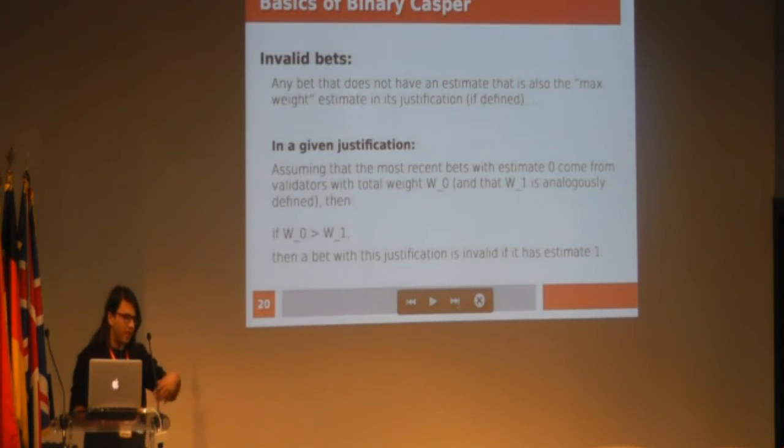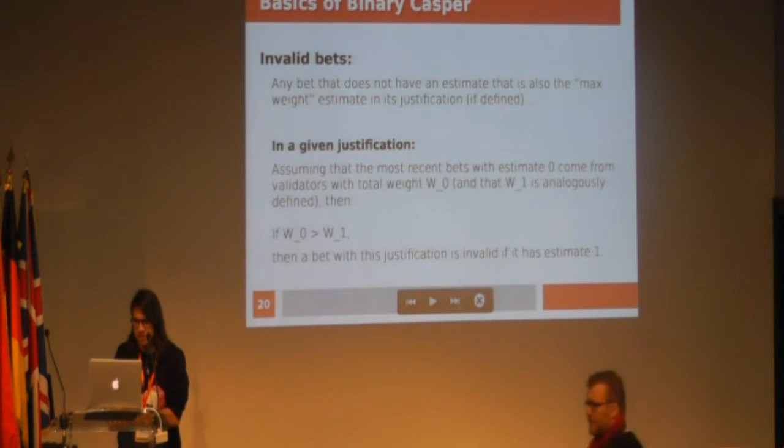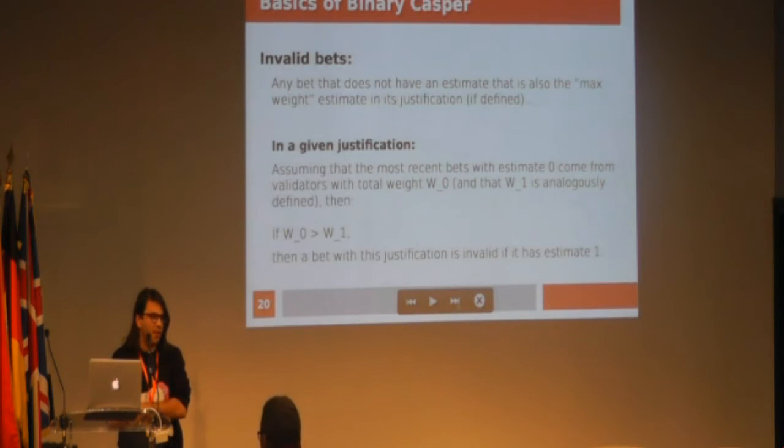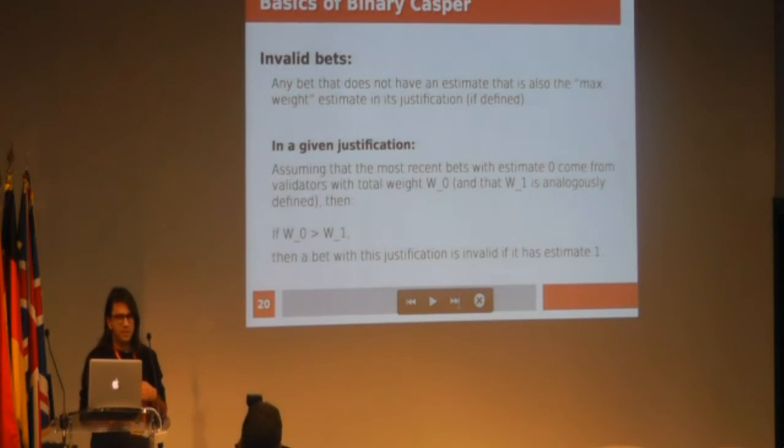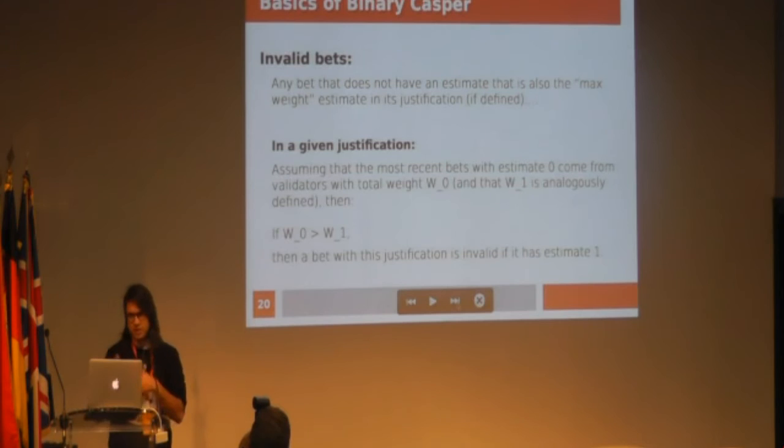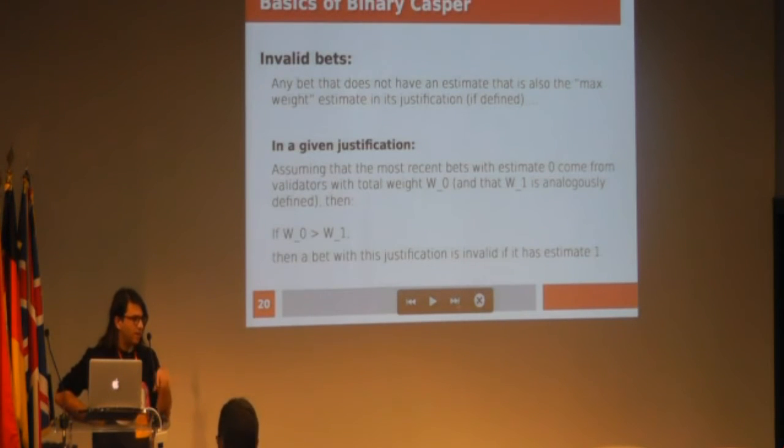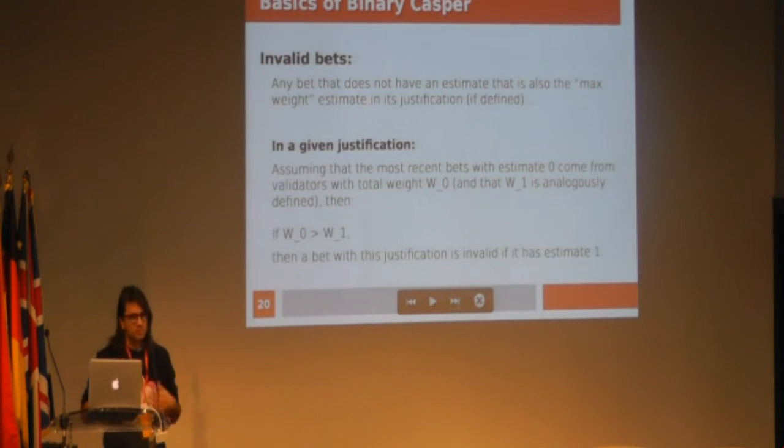Great. So now we have a couple more definitions before we get into the fun stuff. A bet is invalid if it doesn't have the max weight estimate in its justification, which basically means that the justification again is a set of bets, and you can represent this as one of these graphs. For every validator we'll have a latest bet, and if there's more weight of the validators that are betting 0 than 1, then if you include those bets in your justification, your bet's invalid if your estimate is 1 instead of 0.